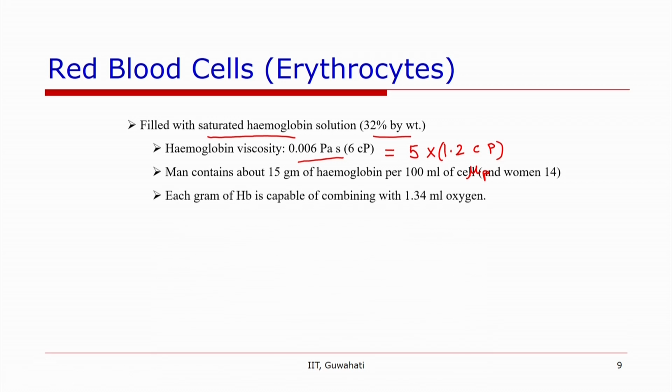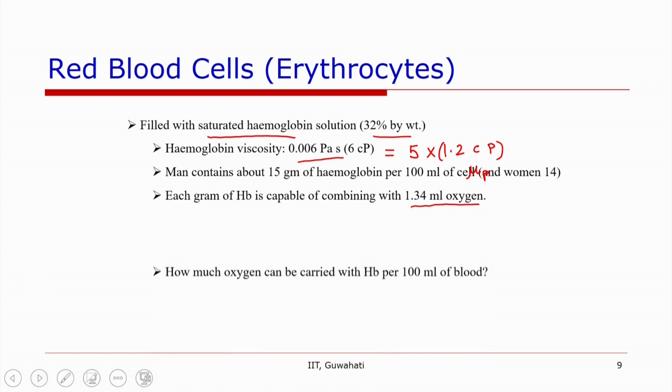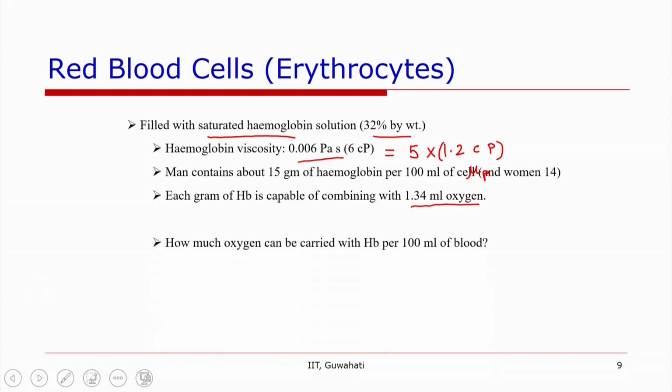So, as we said earlier, the function of hemoglobin is to carry oxygen, and 1 gram of hemoglobin has the capacity to carry about 1.34 ml of oxygen. So, let us work out some numbers and find out how much oxygen can be carried by 100 ml of blood.